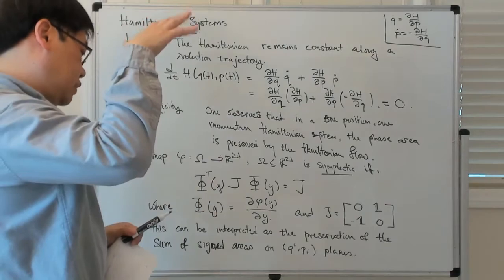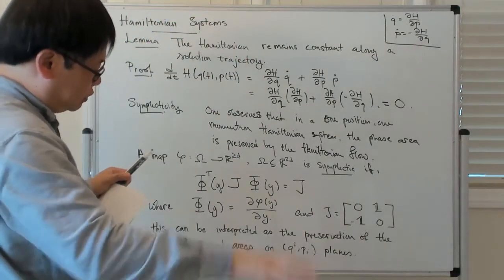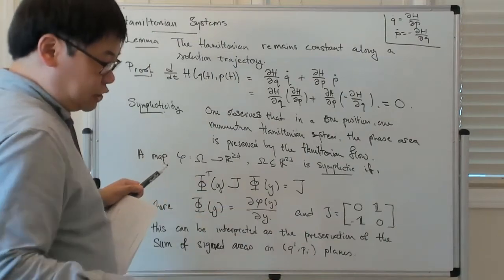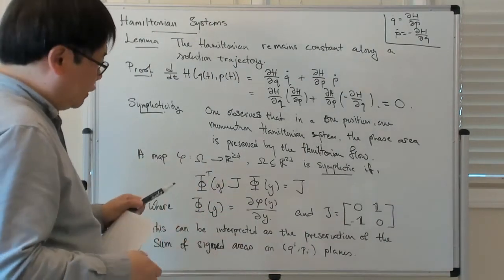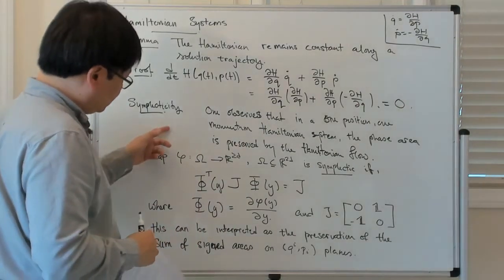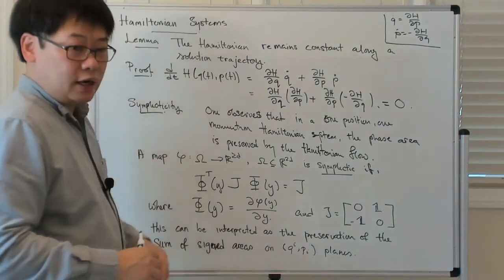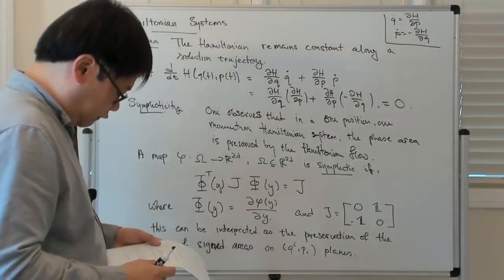You take some phase volume, project it onto these matched position-momentum planes, compute the signed area, and sum it all up. The idea of symplecticity is that this sum of the signed areas is constant along the flow.